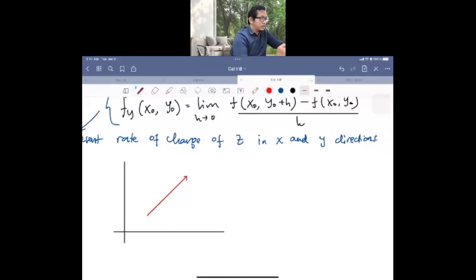With the red color, let's say we have the vector u, and this is the point x0, y0. This vector u has components a and b: in the x direction it's a, and in y it's b.